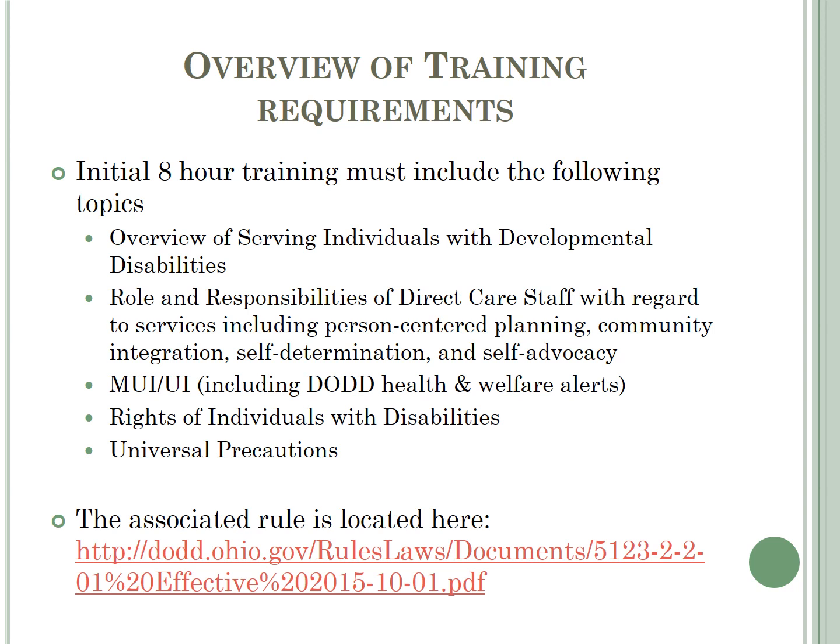And the topics that should be covered in the 8-hour training are overview of serving individuals with developmental disabilities, roles and responsibilities of direct care staff, and then there's a few subcategories under that, MUI and UI, and that needs to include the health and welfare alerts on the DoDD website, rights of individuals with disabilities, and universal precautions. And the rule for this training requirement is located on the link that I have on the screen.